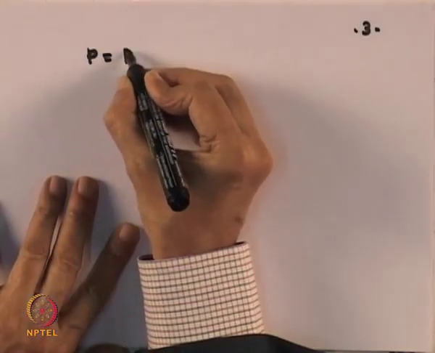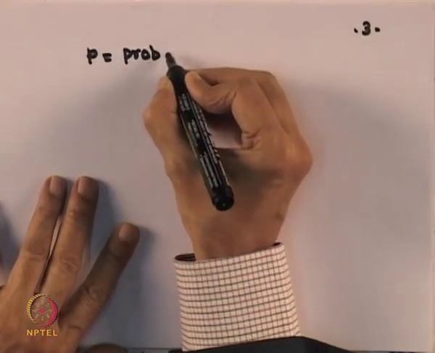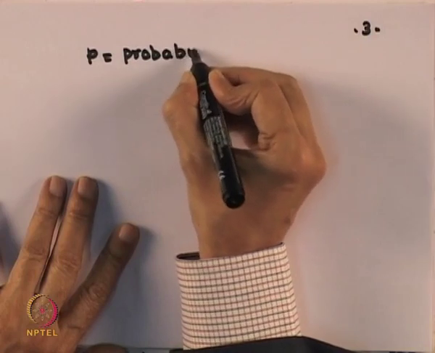Now what we do is this, let us assume that out of these 9 qubits that are going through a noisy channel, at most 1 qubit may be affected. Let me say that P is the probability that a single qubit is affected.